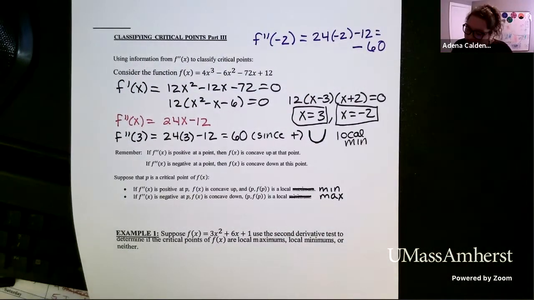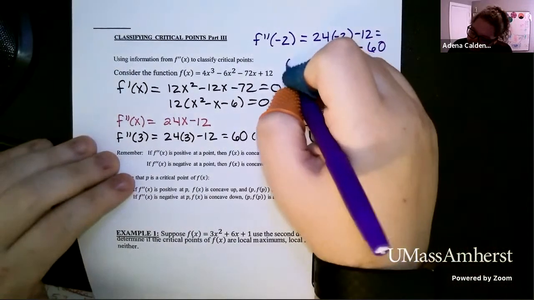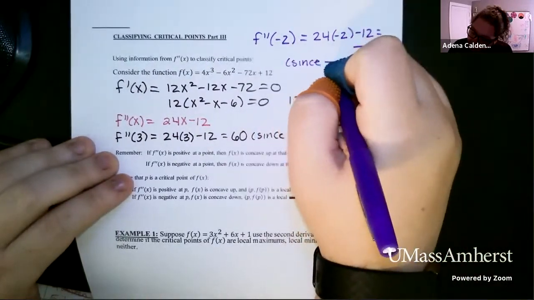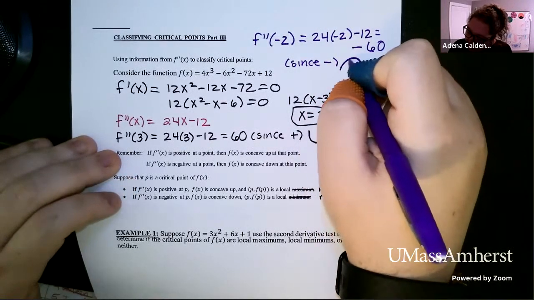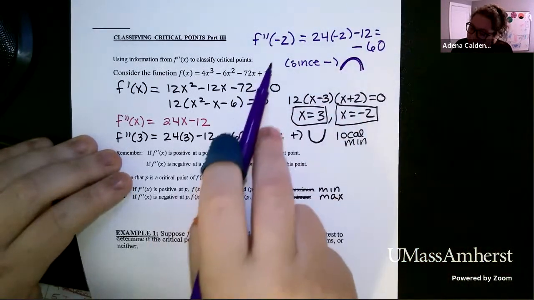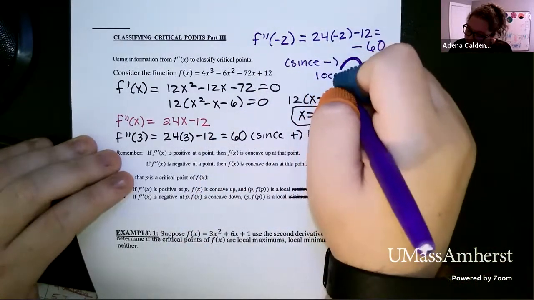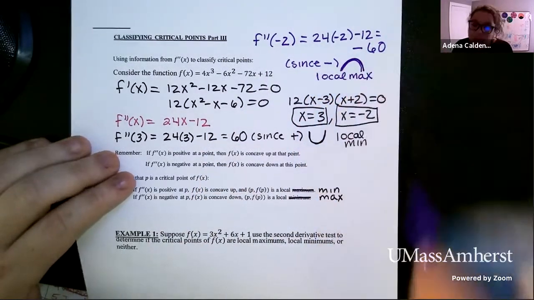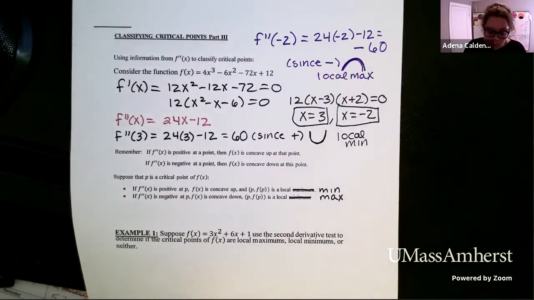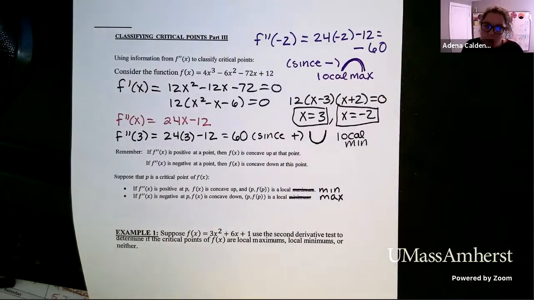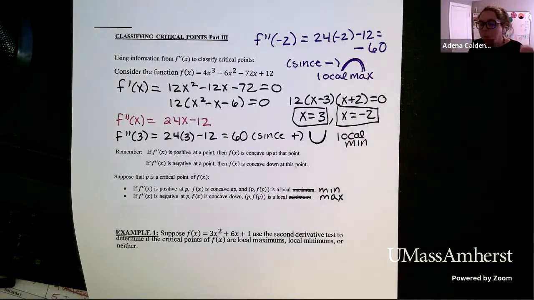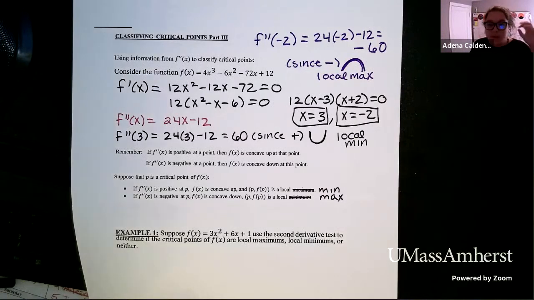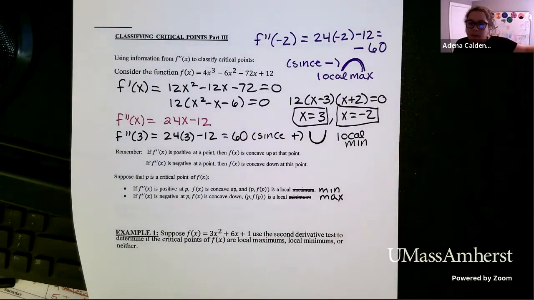And it's the negative that's important, because since we are negative, right, that tells us that the original function is concave down, which means that -2 is a local maximum. So we are relating this back to our understanding about the concavity, but I want to be really clear. When we talk about local maxes and mins, we are talking about local maximums and minimums of the original function, right?